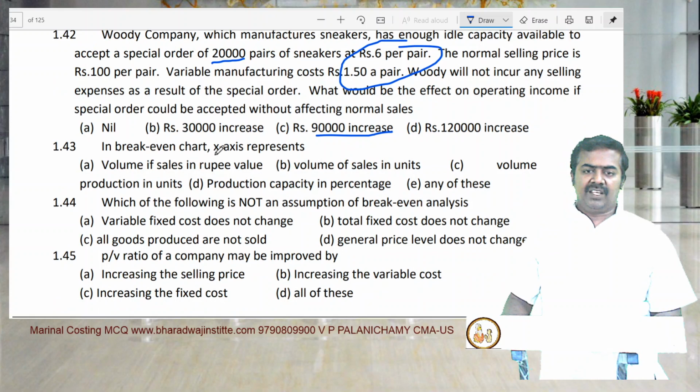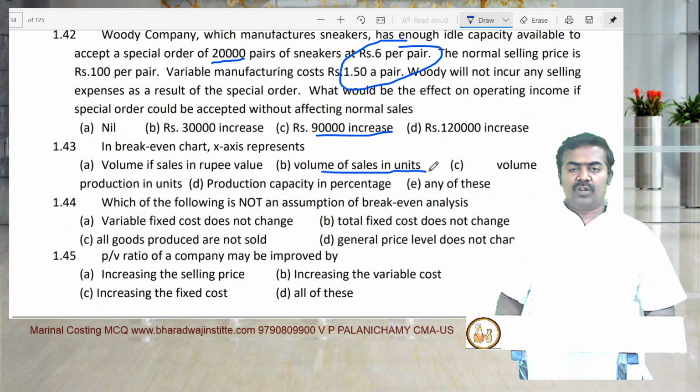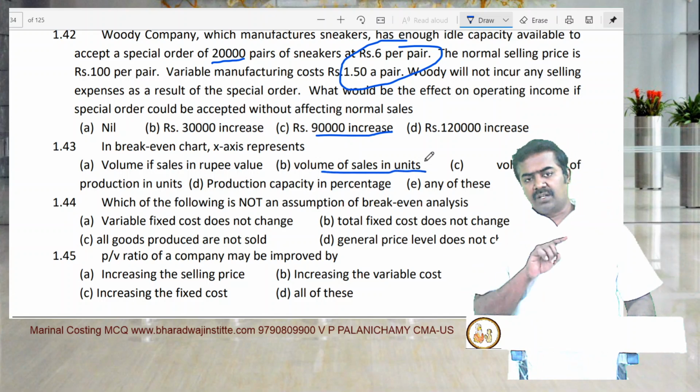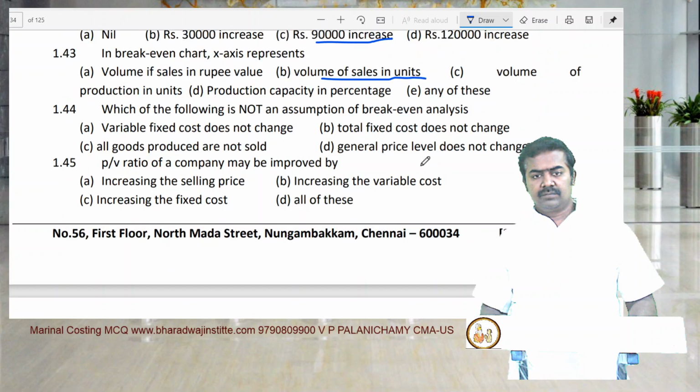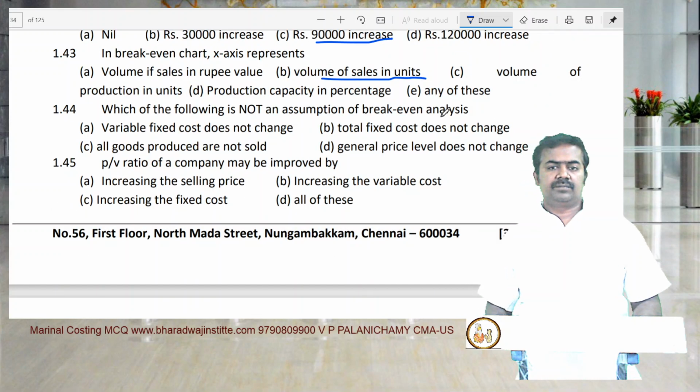The x-axis represents volume of sales in units, the horizontal axis. Which is not an assumption of break-even analysis?